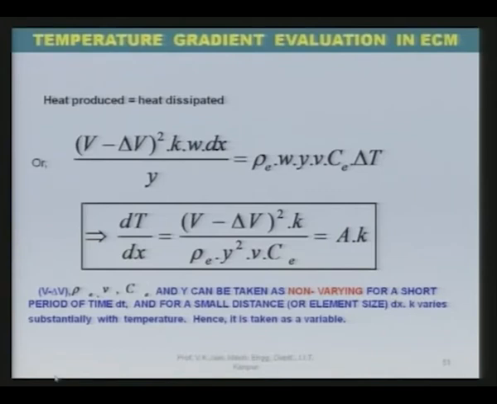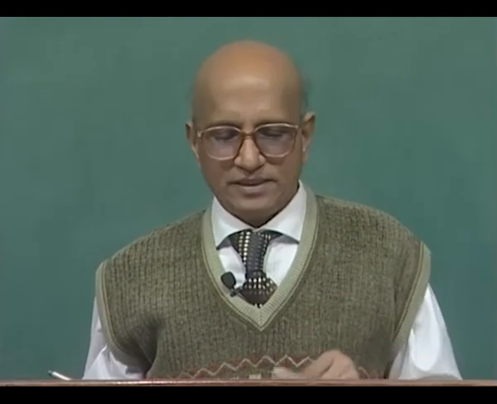Now, please note here that V is constant, it is not varying during the process. Delta V is also assumed to be constant, that is the over potential, and that does not vary during the ECM process, that is an assumption. Rho E remains constant, that is the electrolyte density. Interelectrode gap is assumed to remain constant for a short period of time, and at a short length of the flow direction.